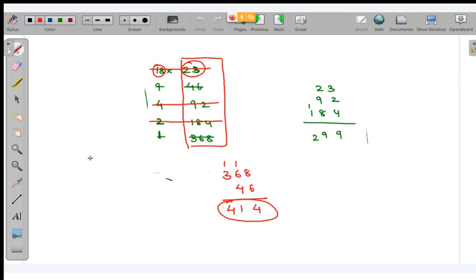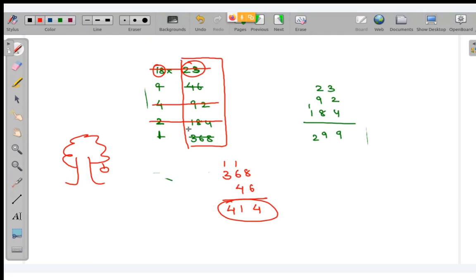Like Newton, he was sitting under a tree, an apple fell on his head. It was not the first time that people saw an apple falling from a tree, but Newton was the first guy who thought about it. Why is the apple falling from the tree? Why doesn't it go up?